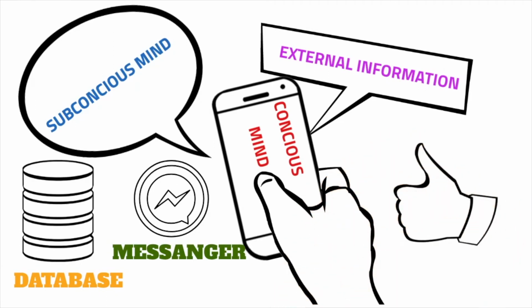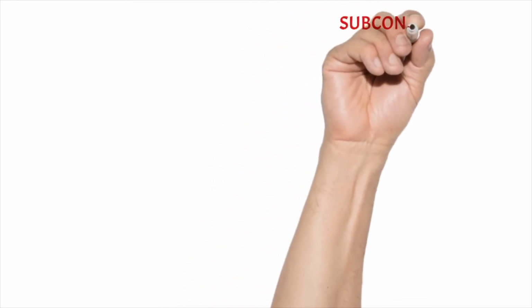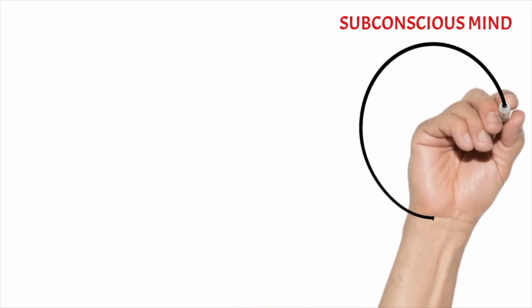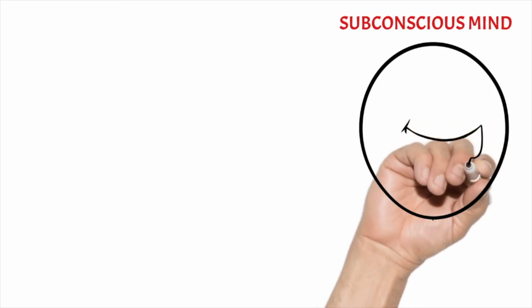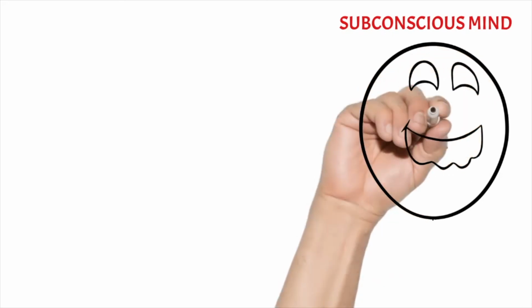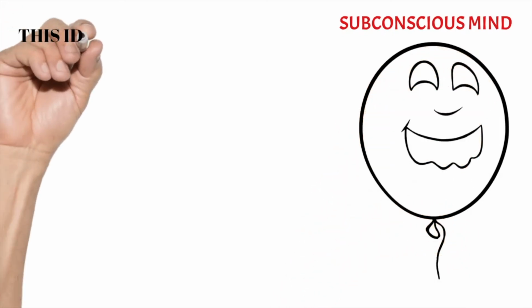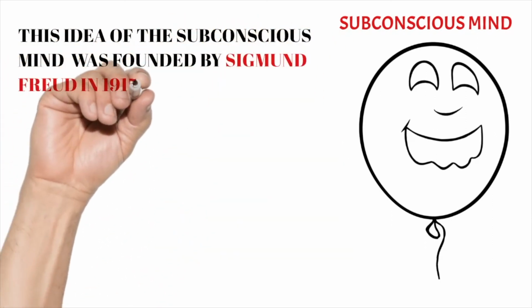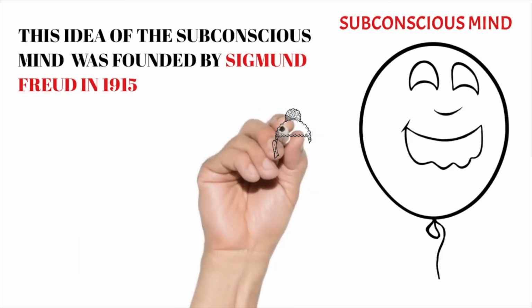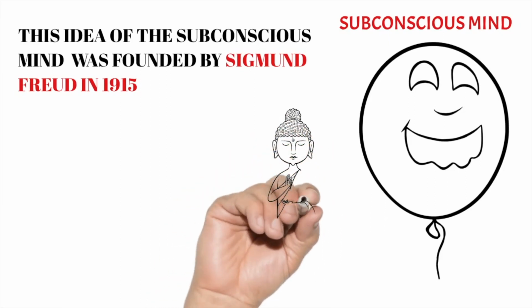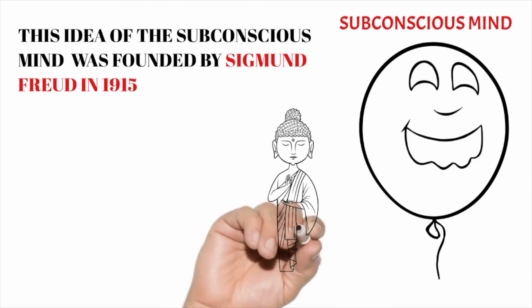Let's jump to subconscious mind. The official understanding or idea of subconscious mind was first introduced by Sigmund Freud in 1915. The extent to which subconscious mind influences our lives has been a topic of much research. But if you go back to the holistic world or scriptures of any countries or civilizations 5,000 years ago, all the yogis and yogic rishis already knew that there is a subconscious, superconscious, unconscious, and conscious mind.